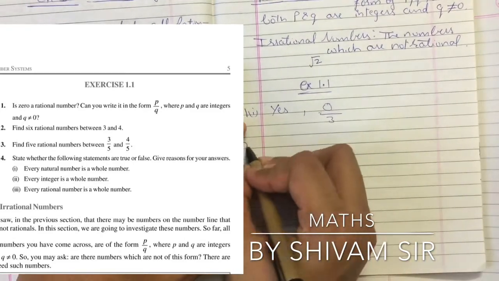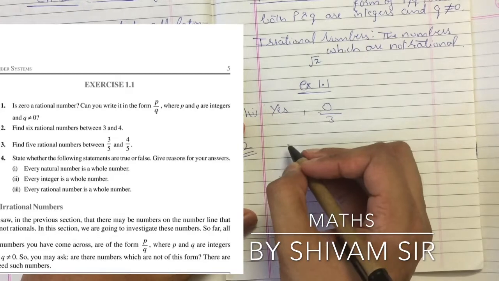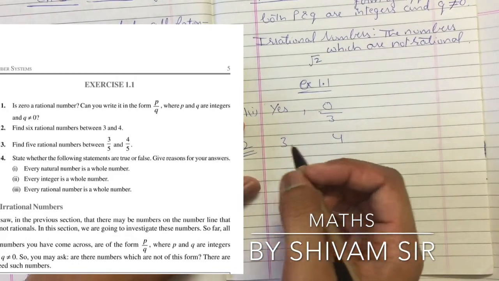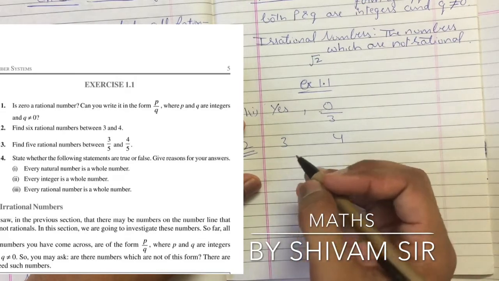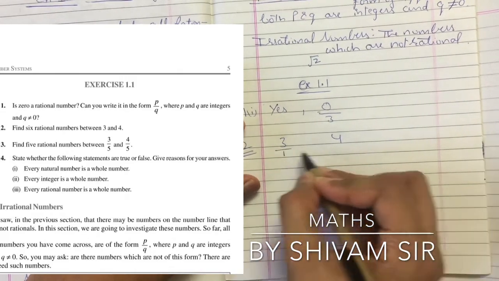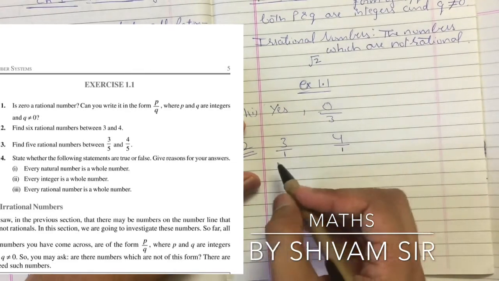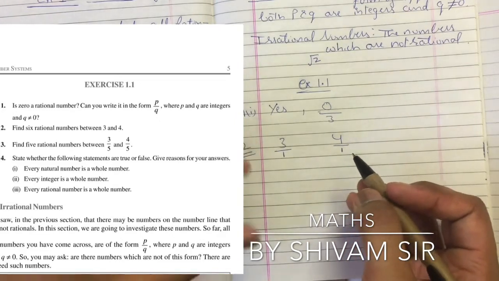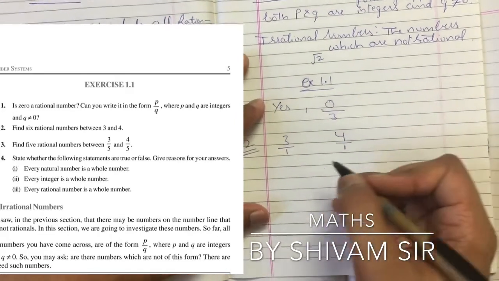We have already done this type of question in 8th standard also. Between 3 and 4 we have to find 6 rational numbers. First check whether the denominators of both numbers are the same or not. Here we have 3 upon 1, and here also 3 upon 1, so the denominators are the same. If not, we will make them the same. We will take an example for it also.